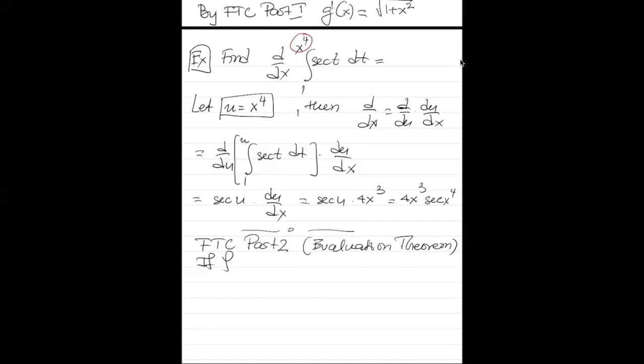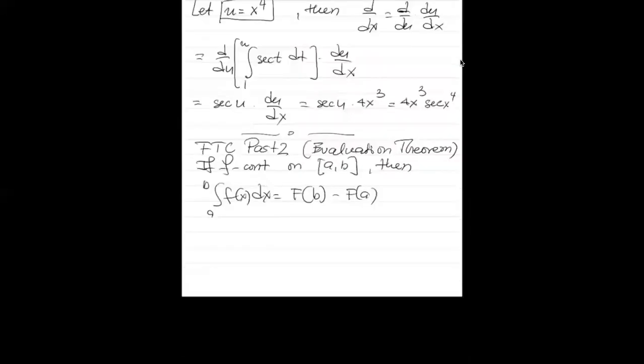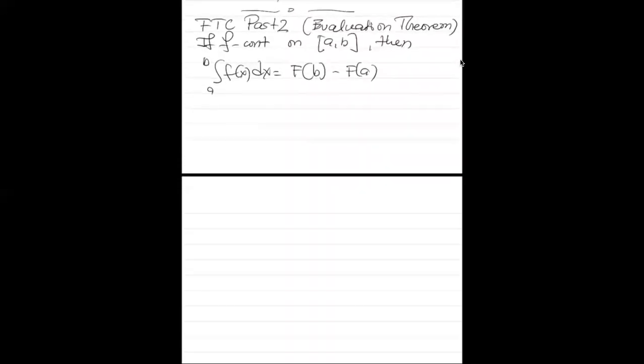If f is continuous on an interval from a to b, then the integral from a to b of f of x dx is equal to capital F of b minus capital F of a, where capital F is any antiderivative of little f. That is, the derivative of big F is equal to little f.